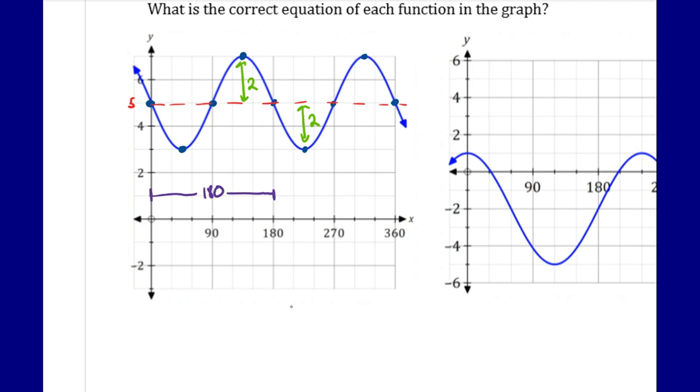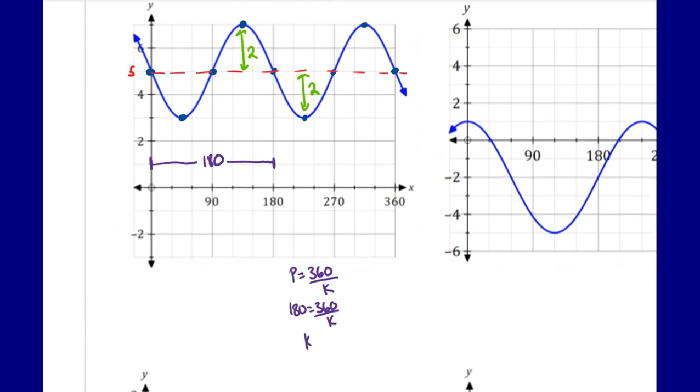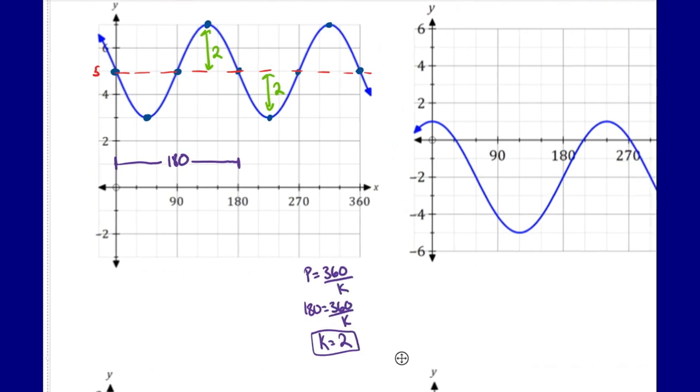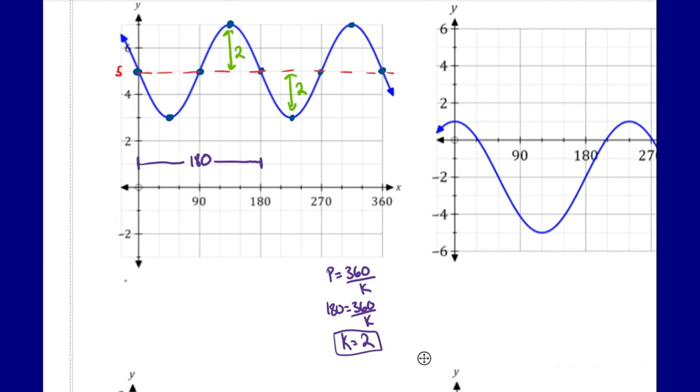If not, I can use the quick formula, P equals 360 over K. 180 equals 360 over K. And then we get that K is equal to 2. So you might have to do a small calculation for that. But in other cases, you might just be able to look at it and see, okay, how many periods are there per 360? So I'm going to go through and start writing out my equation.